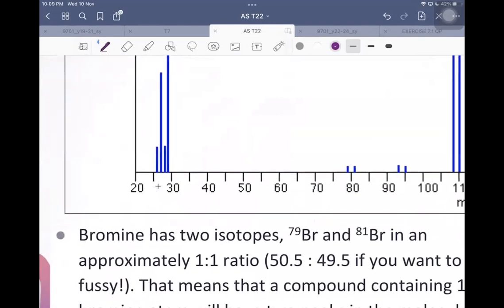As a matter of fact, bromine has bromine 79 and bromine 81, and both of them are equally common. Of course, one is more than the other, but not by so much. I don't remember the exact figures, roughly 50.5 to 49.5%, so they're almost a 1:1 ratio.